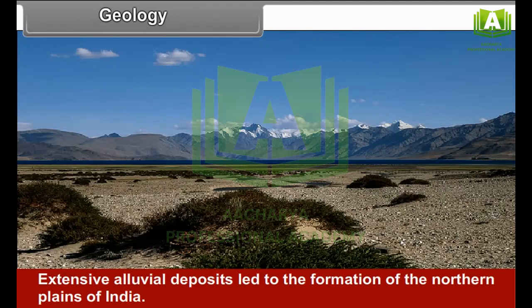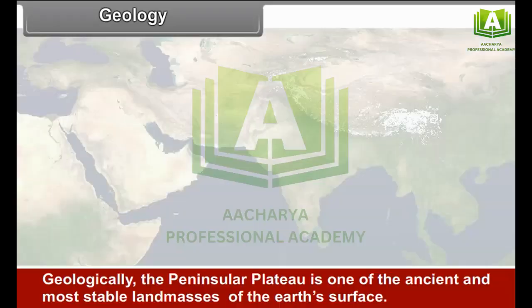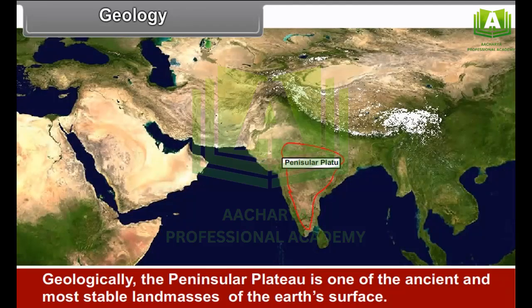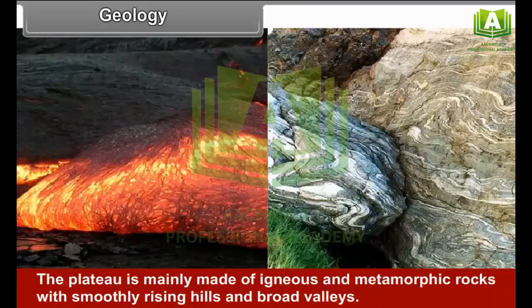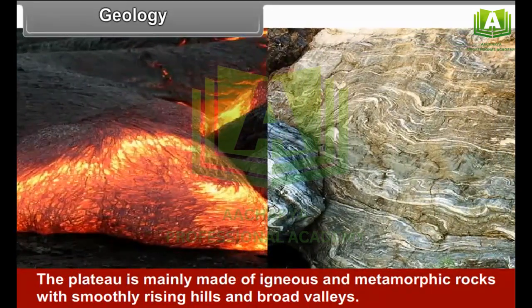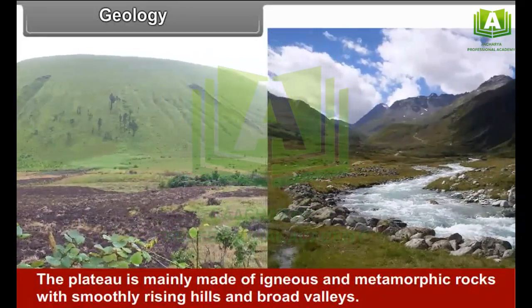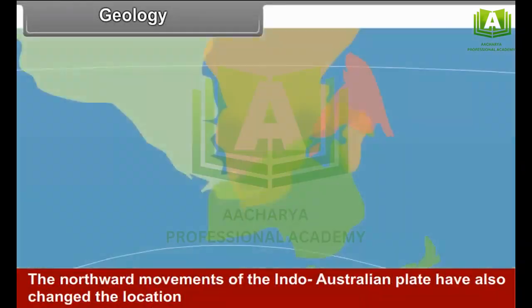Extensive alluvial deposits led to the formation of the northern plains of India. Geologically, the peninsular plateau is one of the ancient and most stable landmasses of the Earth's surface. The plateau is mainly made of igneous and metamorphic rocks with smoothly rising hills and broad valleys.